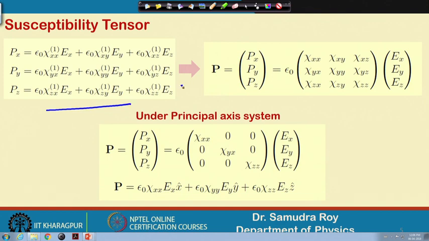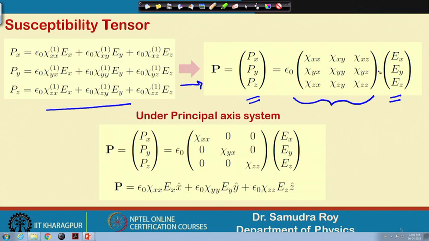So, this arrangement leads to a matrix form, and here we have a susceptibility tensor in matrix form with rank 2. So, P and E are now in vector form, and they are related by some kind of matrix which we call the susceptibility tensor.